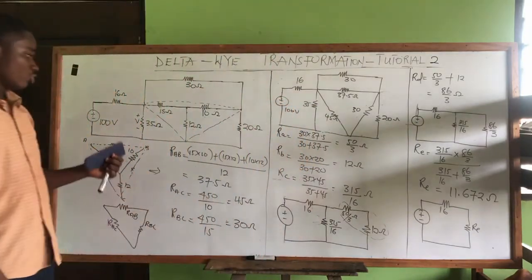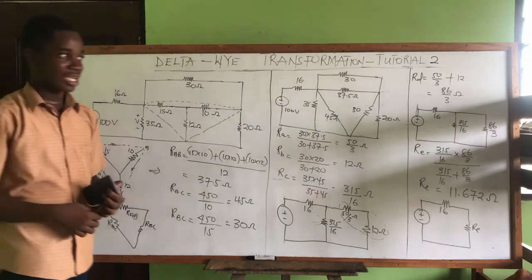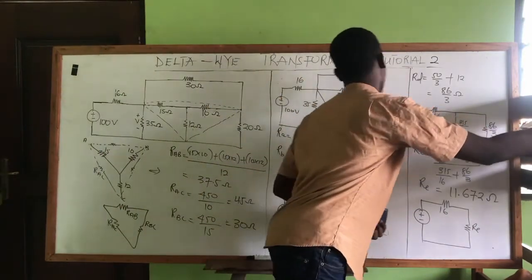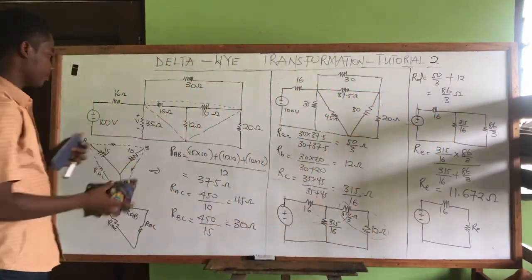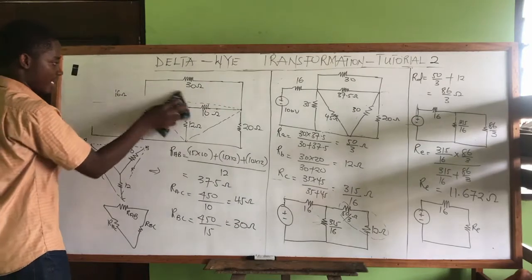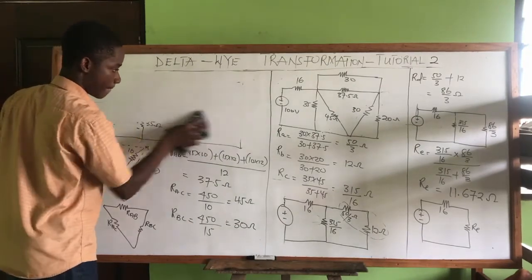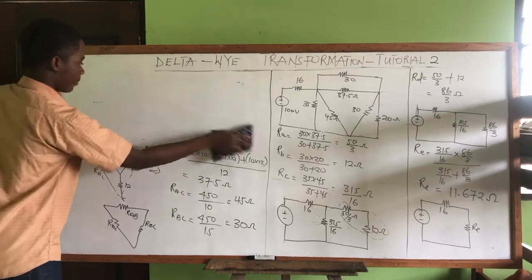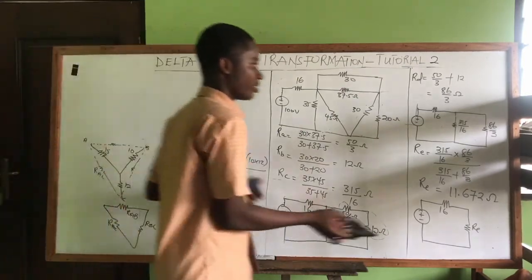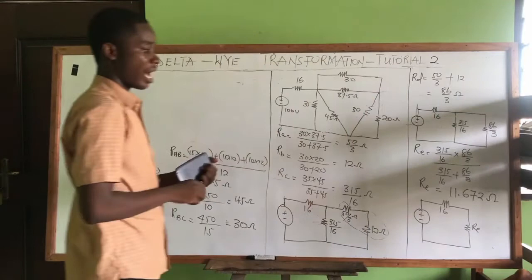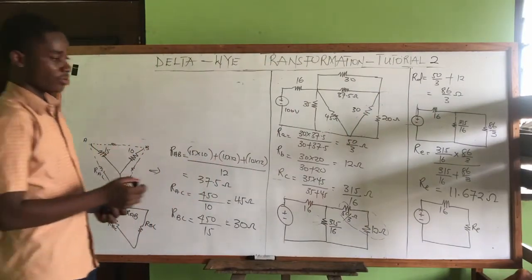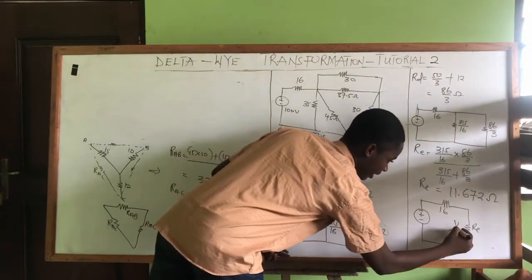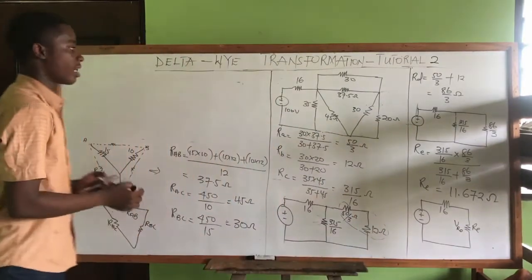I think we will need to clean the main diagram so that we can do our calculation here. So from our main diagram, good. So let's calculate the voltage across the RE using voltage divider. So let's call that one VRE, the voltage across RE.